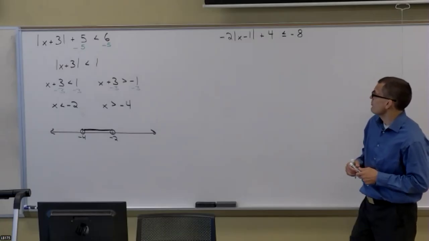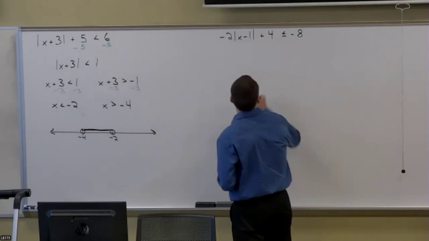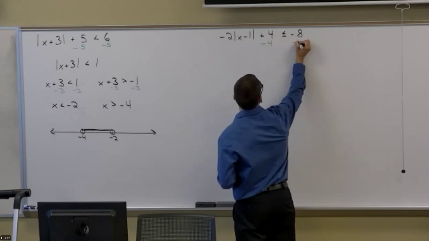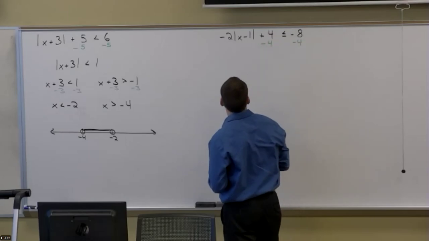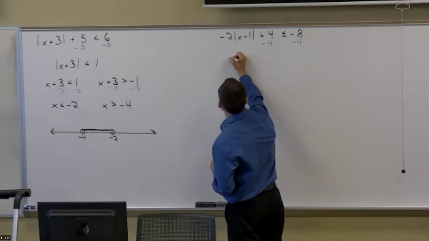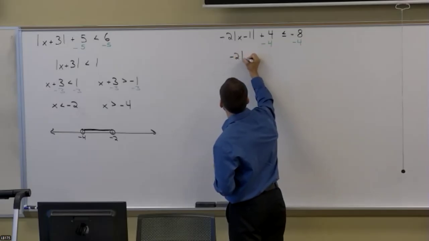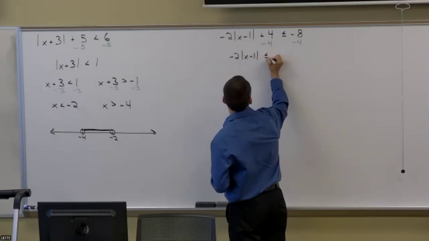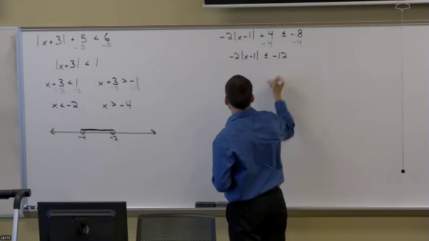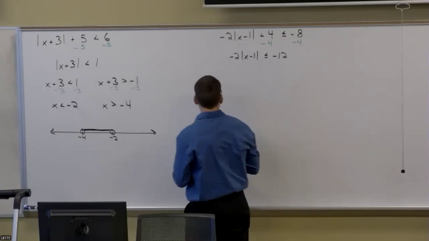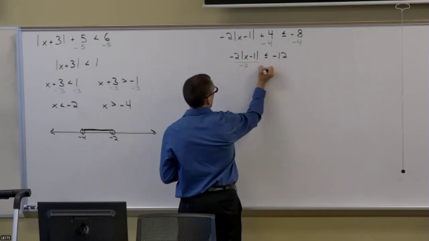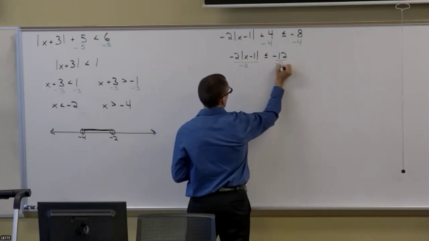On this second one, I would start by subtracting 4 from both sides. That gives negative 2 times the absolute value of x minus 1 is less than or equal to negative 12. And then we have to divide both sides by that coefficient of negative 2.